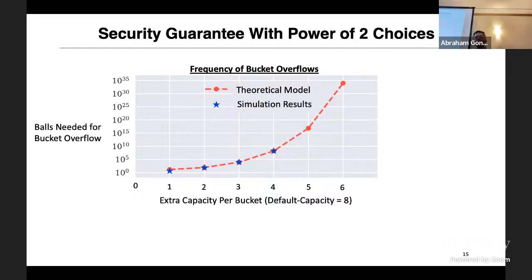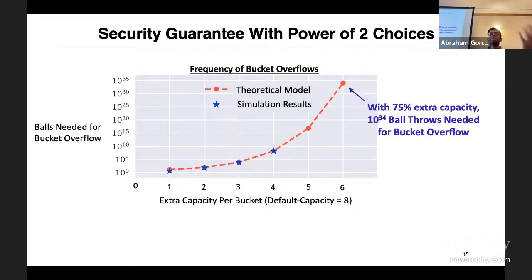And what you'll see here is that with each unit increase in the bucket capacity, the number of balls you need to throw squares. So within 5 to 6 squarings, you reach an insanely high number of balls that you need to throw, about 10 power 34 balls before you get a bucket overflow, if you have 75% extra capacity in each bucket. Now, what does this mean for caches?